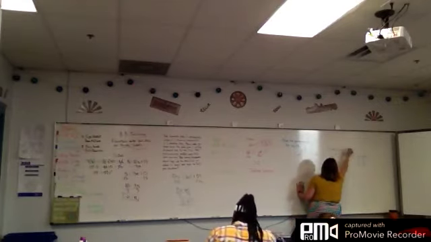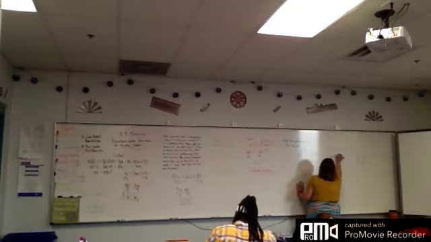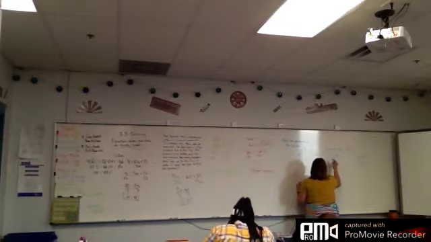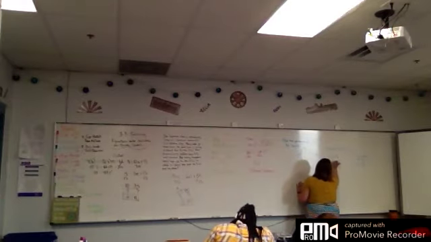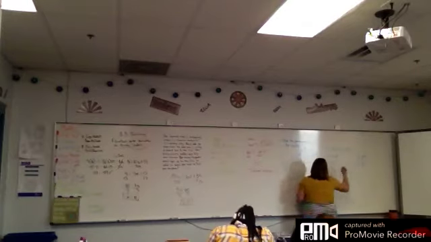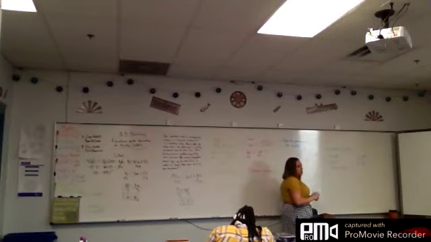What's 4 plus 4? 8. Plug it in there, so I get 6 times 4 plus 8. What's 6 times 4? 24. What's 24 plus 8? 32. Boom. So the 32 is the perimeter.